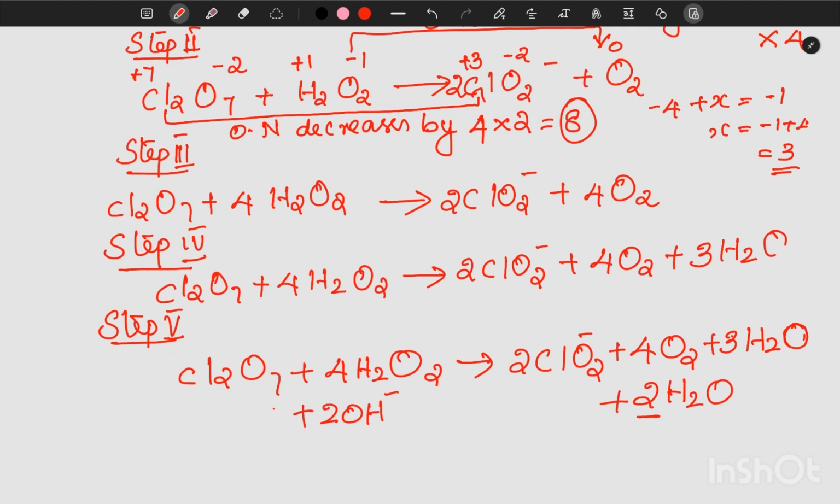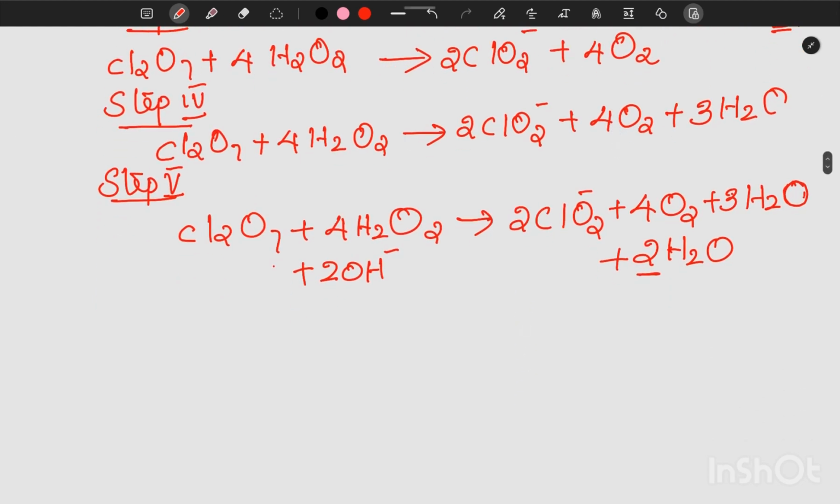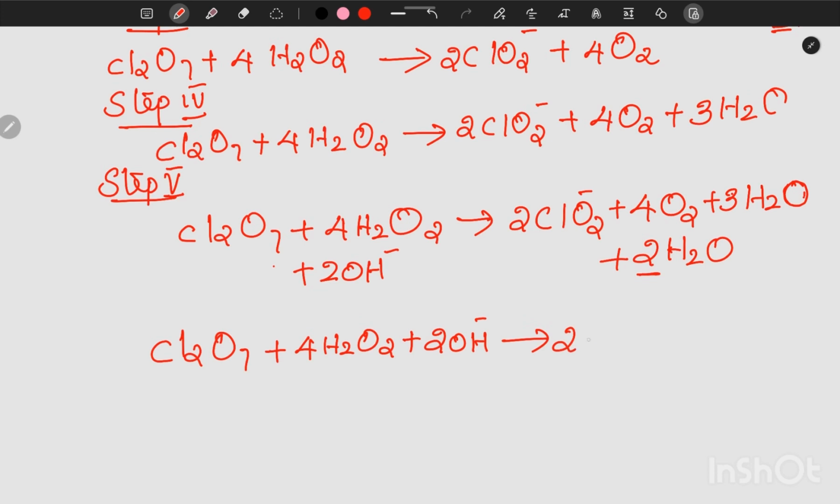Now the equation is balanced. Now let us add the water molecules and write. So the balanced equation is Cl2O7 plus 4H2O2 plus 2OH minus gives 2ClO2 minus plus 4O2 plus 5H2O. Now the equation is balanced.